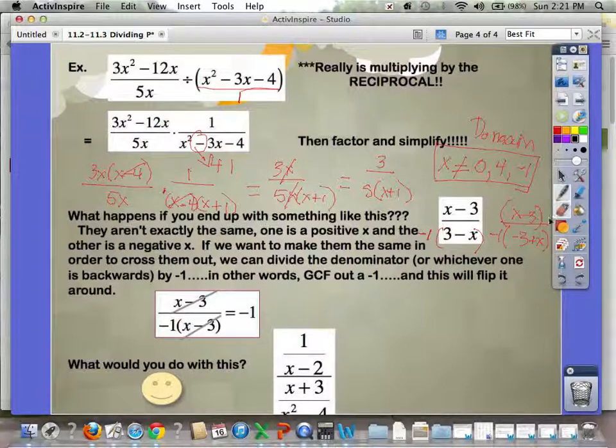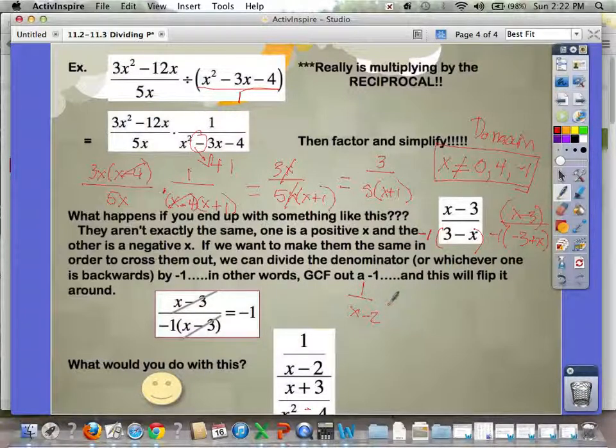Okay, the last problem says 1 divided by x minus 2 divided by x plus 3 divided by x squared, and this is a minus 4. Alright, when you have a problem like this is a complex fraction, and you really should rewrite it so you can see it better.